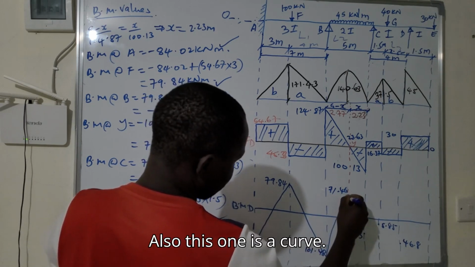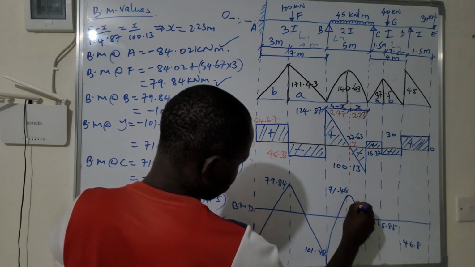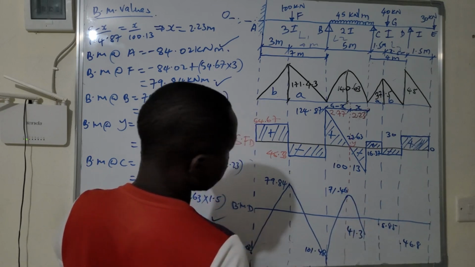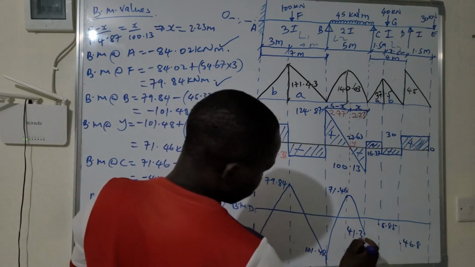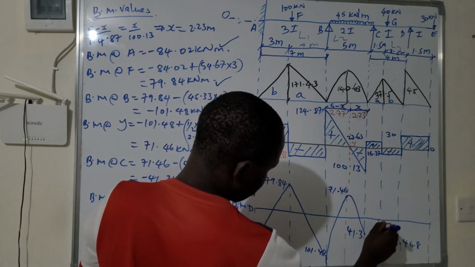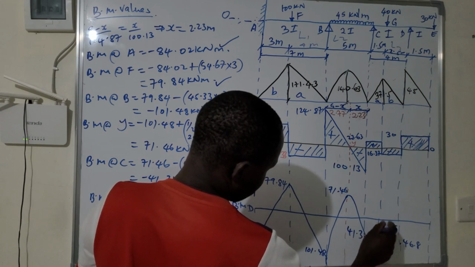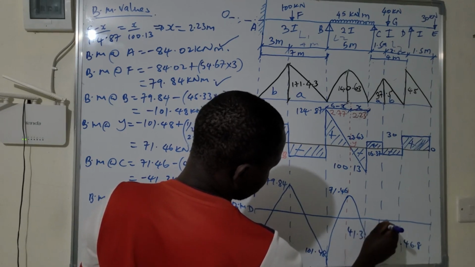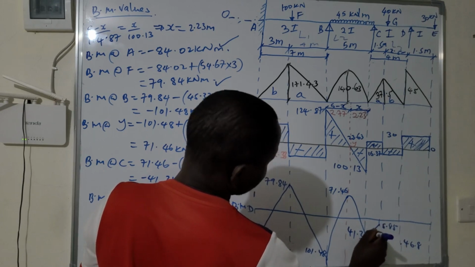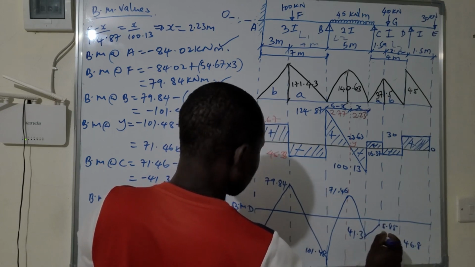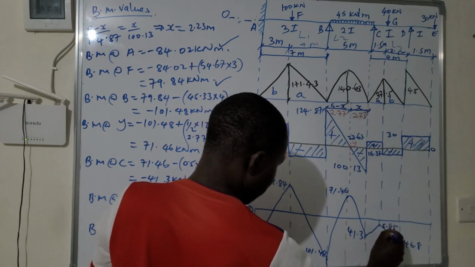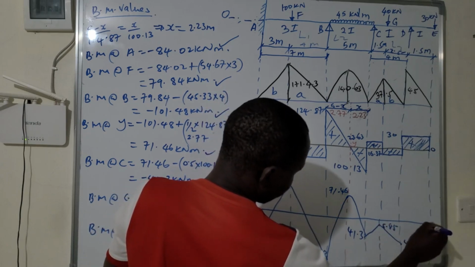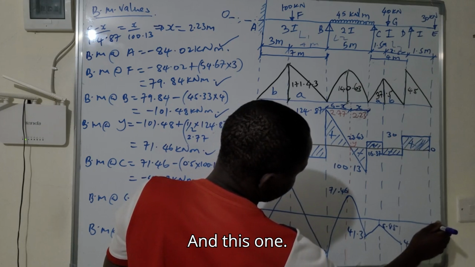Also, this one is a curve. This one is a diagonal. Also, this one and this one.